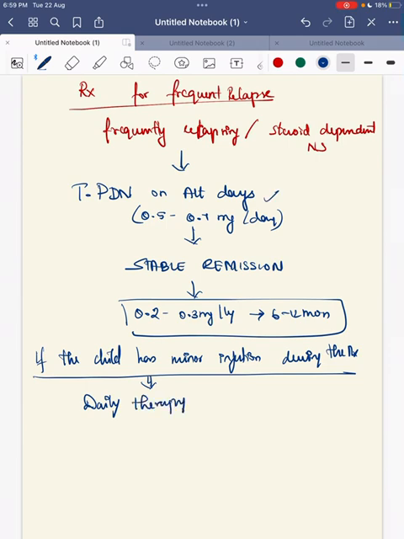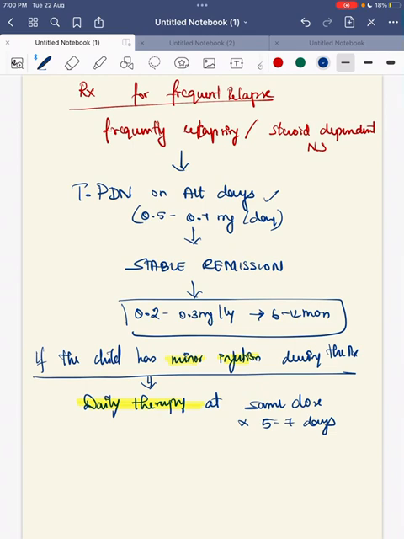You should give daily therapy instead of alternate day therapy, at the same dose, that is 0.5 to 0.7 mg per day, for about 5 to 7 days. So it is daily therapy and not alternate day therapy when the child has a minor infection.